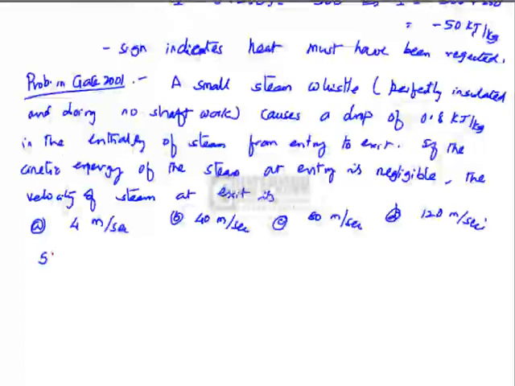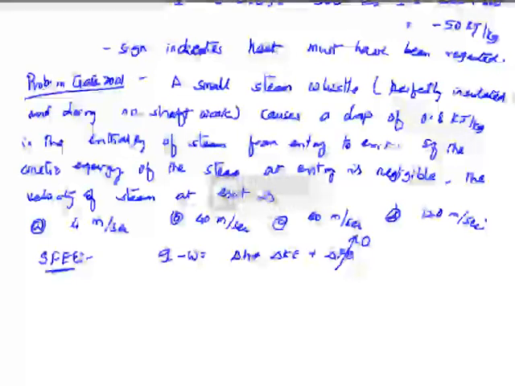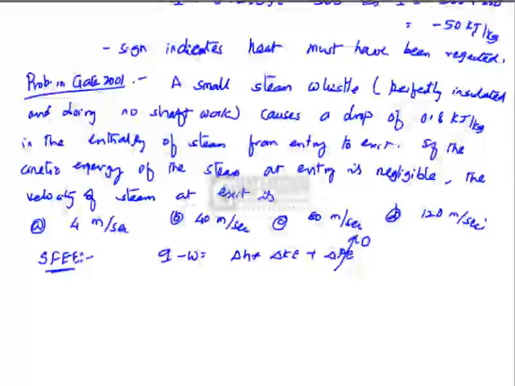Writing steady flow energy equation, because the vessel can be considered as a steady flow open system, that is Q minus W is equal to delta H plus delta KE plus delta PE. Changes in PE are neglected. Because he has given perfectly insulated, Q is 0.